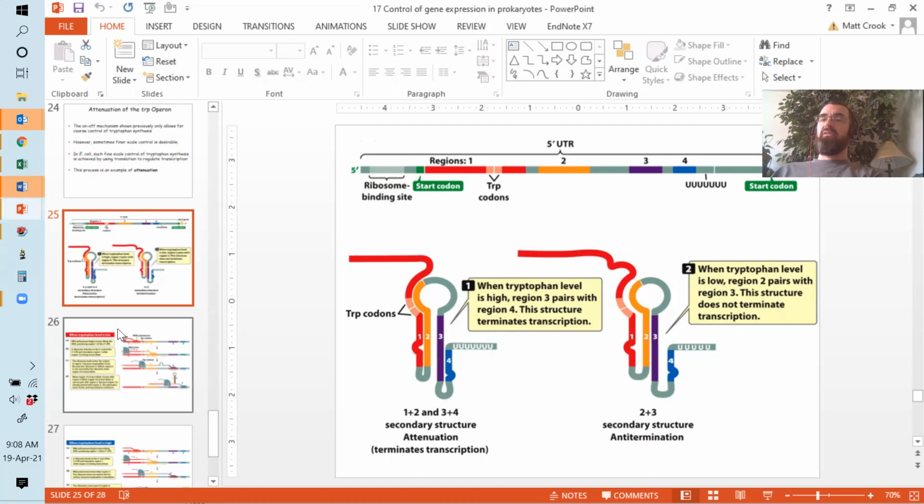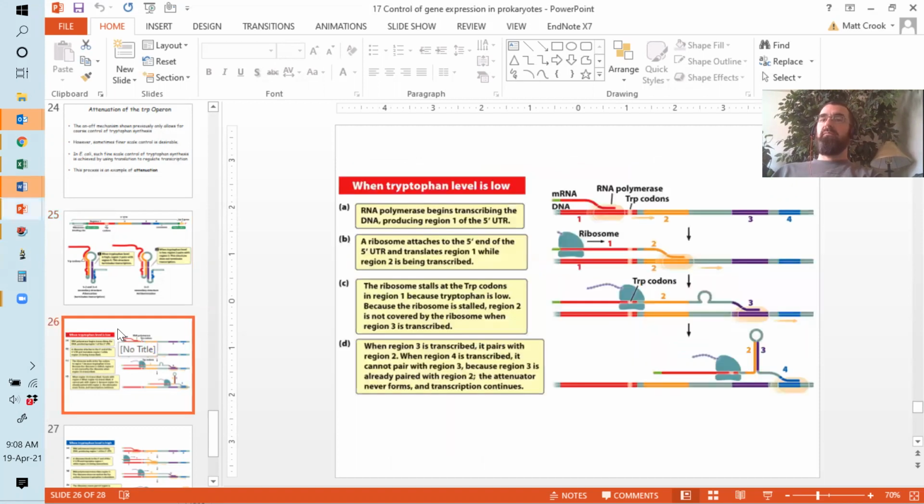So if we look at it in a bit of a different way, over here, this is looking at it as a series of events, right? So you can see RNA polymerase is happily chugging along the leader sequence, transcribes region 1, and as it progresses along, now region 1 is available for translation.